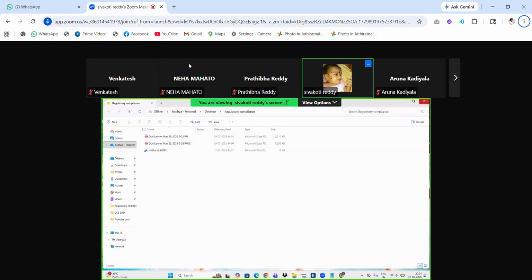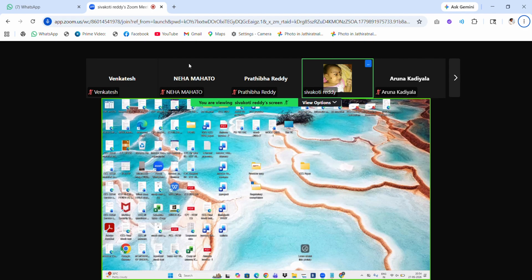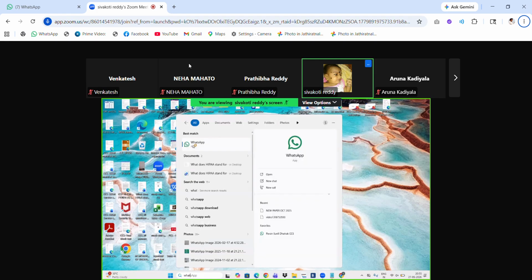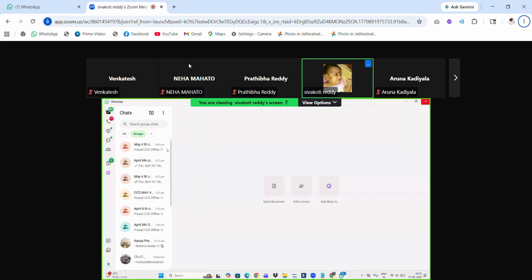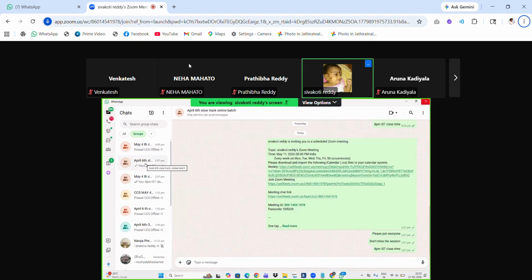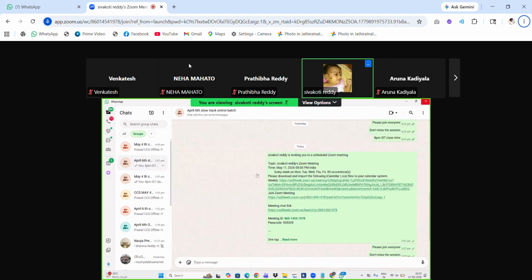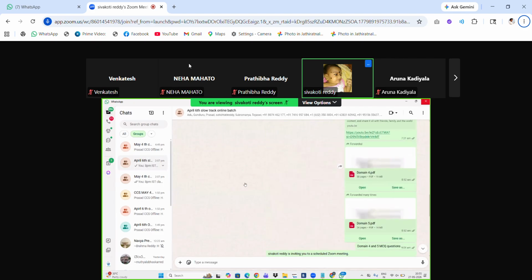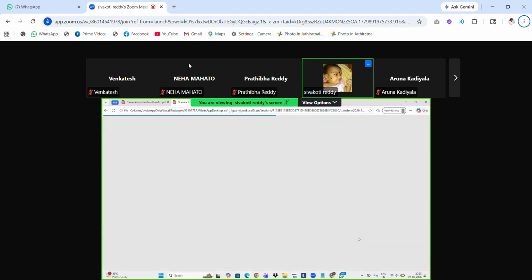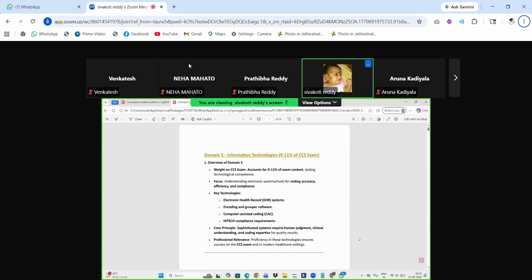Grouper software. The grouper is software that analyzes already coded data and suggests the reimbursement process. It is used for the calculation of reimbursement, either DRG or APC.